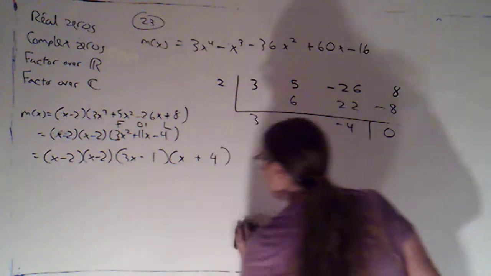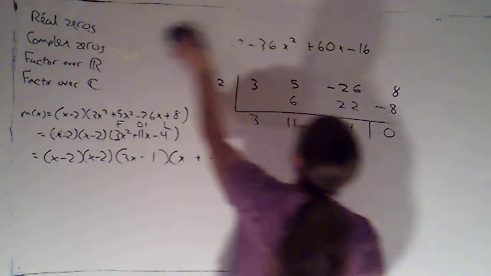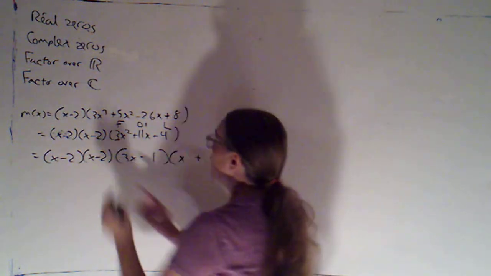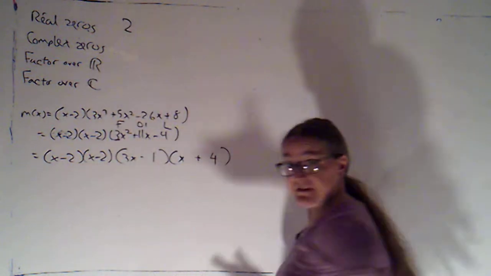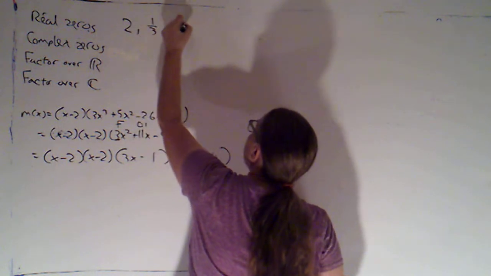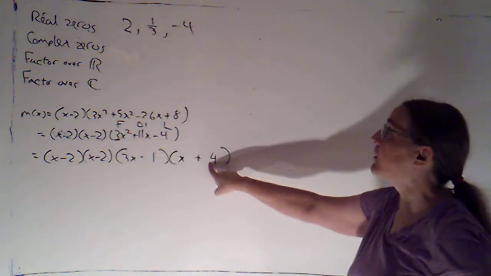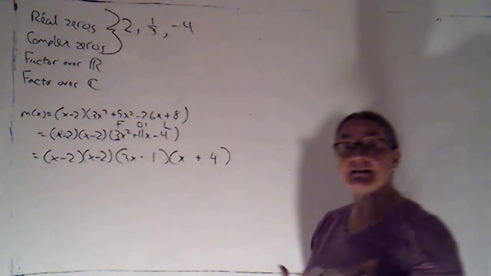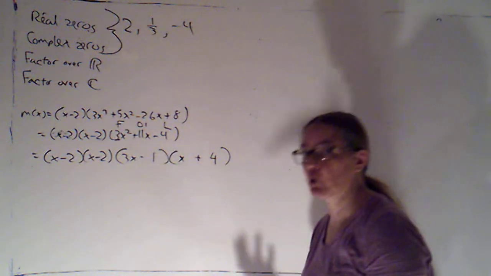Okay, so let's just record now all of our answers. So the real zeros: 2 is a 0, which happens to have multiplicity 2. This we said corresponds to 1/3, and this one to negative 4. And those are also my complex zeros. I didn't have any complex ones that weren't real.